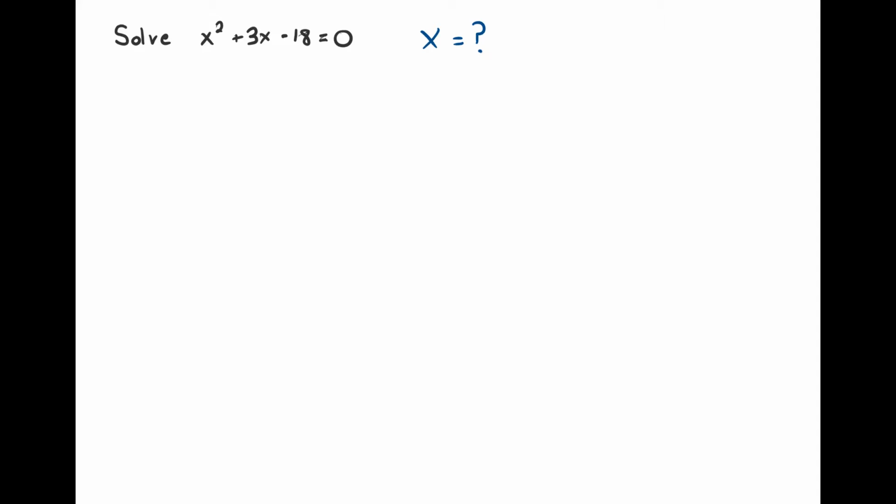And how do we do that? Because right now I have both an x squared and an x term, which makes it difficult to just solve for x. Well, just like we have seen before with binomials, we're going to solve this by factoring and then use the zero product property. So I want to factor this first, which, since it's a trinomial, I'm looking for factors of negative 18 that add to 3.